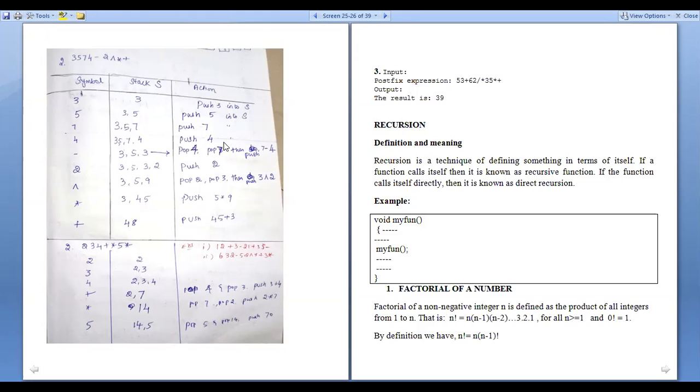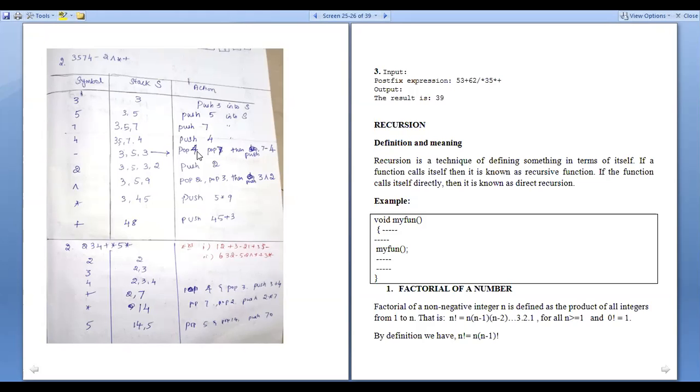We have already seen in the algorithm what to do. Now, the last operand pushed was 4, and here we have the operands 4 and 7.